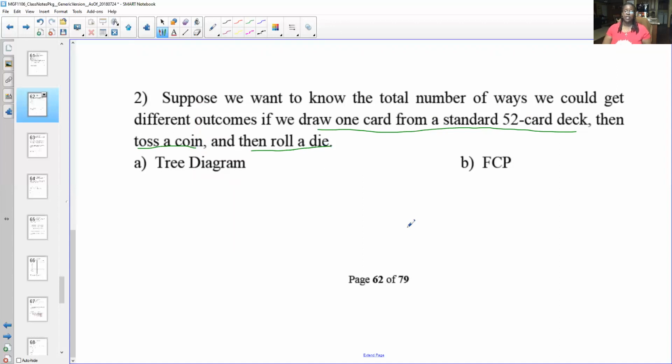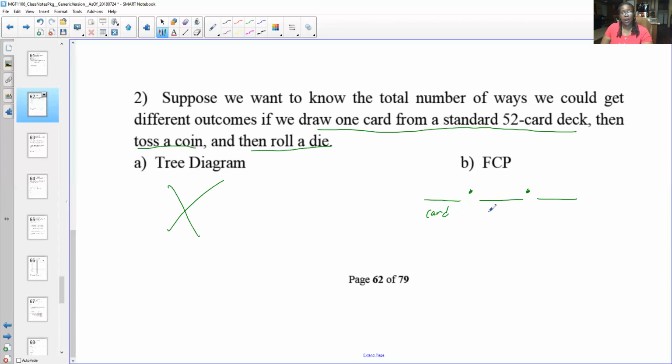So you see they have three different things going on here. Here they're asking us, oh, let's see what it looks like with the tree diagram. Won't do it. No. But what we will do is use this fundamental counting principle. We need 3 lines. Here's my multiplication in between. The first line represents our cards.